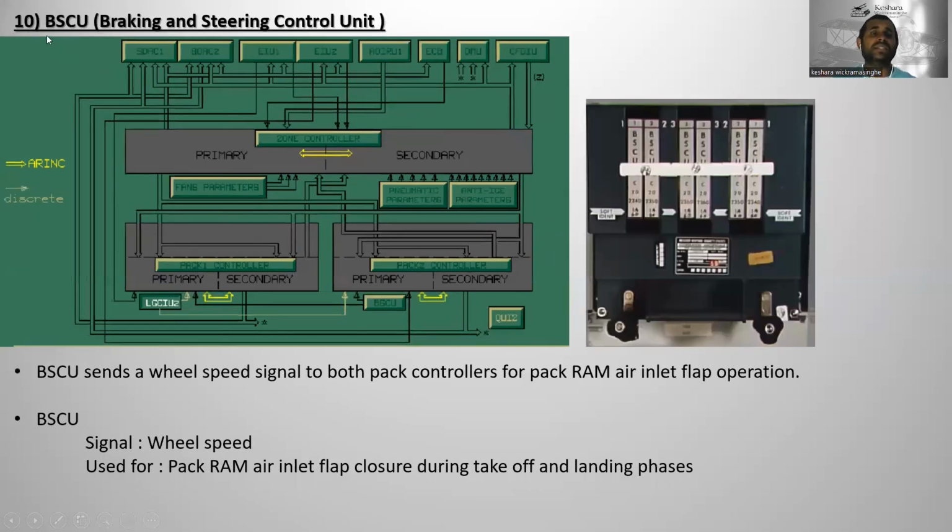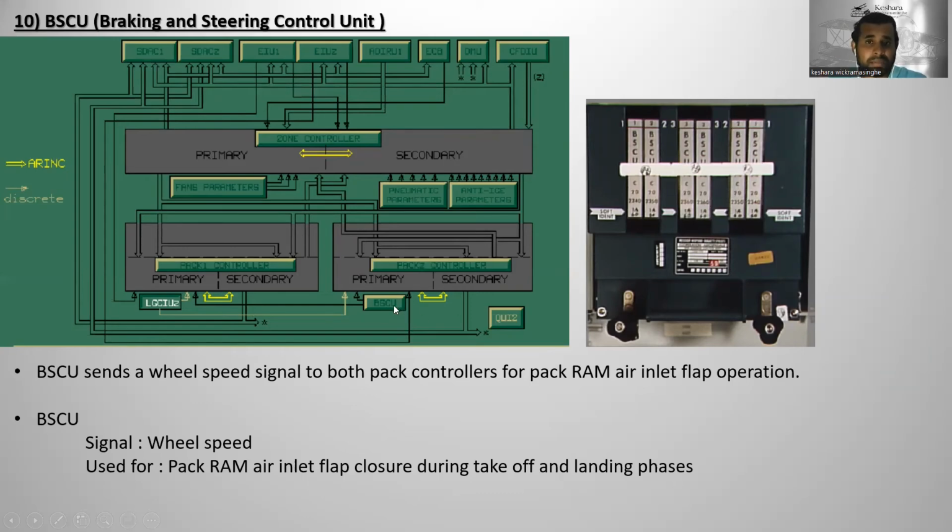Now next one is the braking and steering control unit, BSCU. BSCU sends wheel speed signals to both pack controllers for pack ram air inlet flap operations.